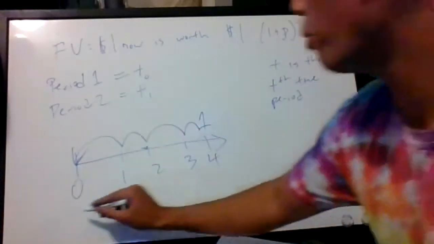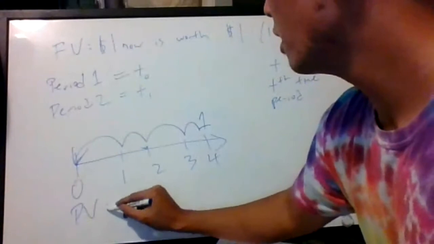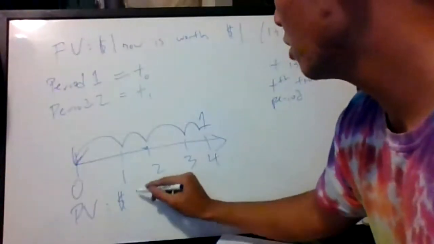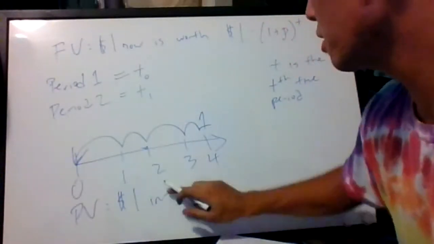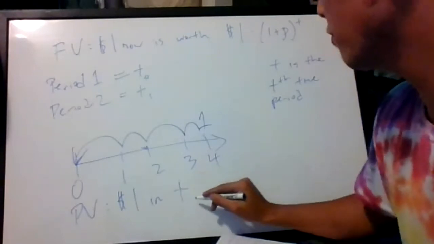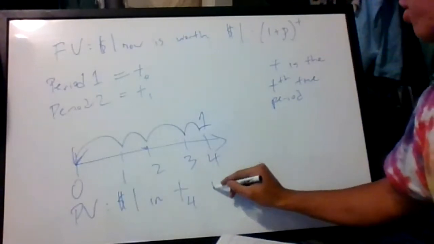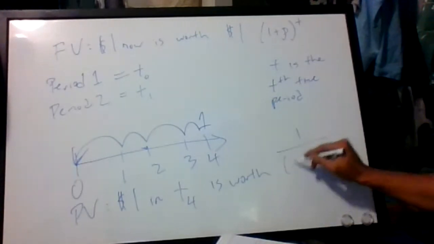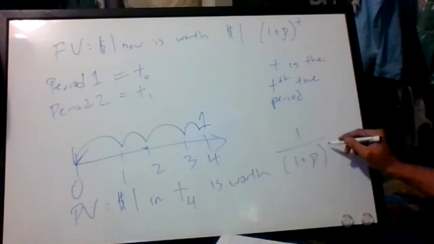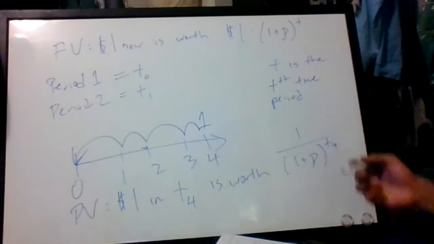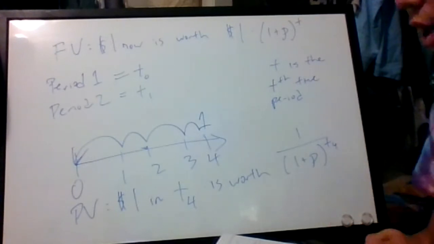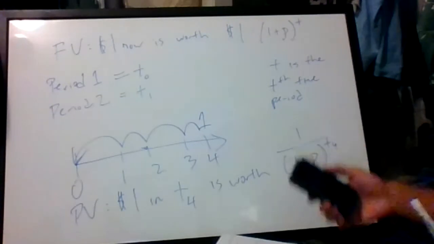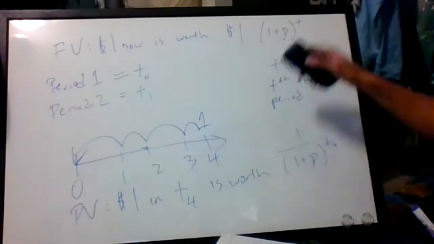And so the present value is that $1 in T4 is worth $1 over 1 plus rho to the T4, where T4 is just 4, okay? And that's some quick intuition.